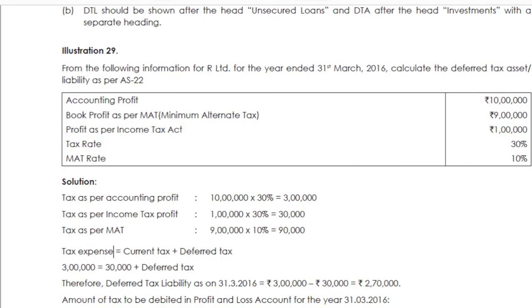This is the problem from your material. Just go through the question. You can expect objective type questions from this topic actually. They have asked this type of question around 3 to 4 times in examination already. Just go through the question alone.